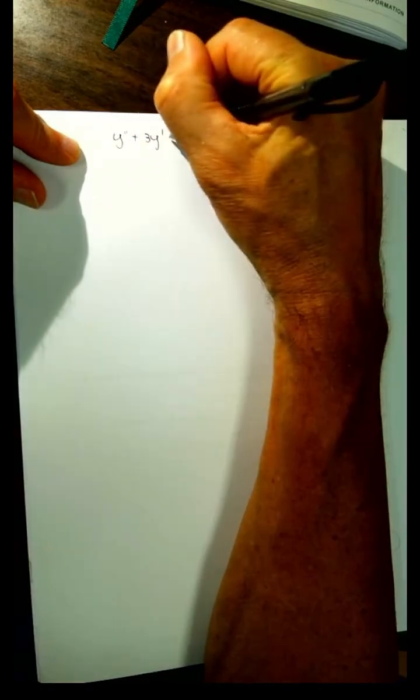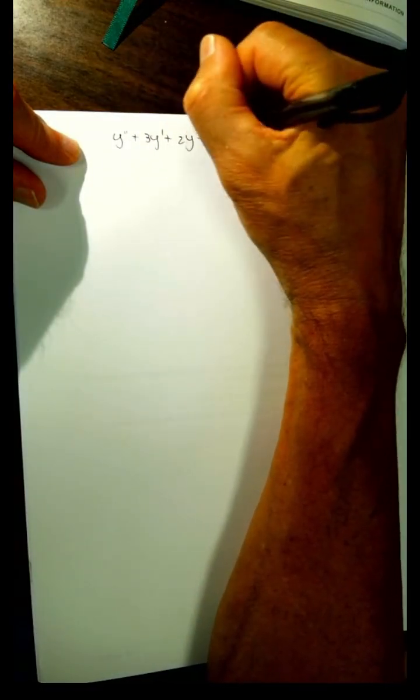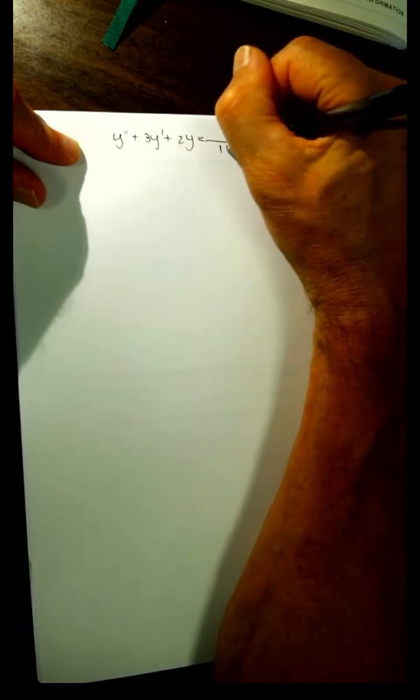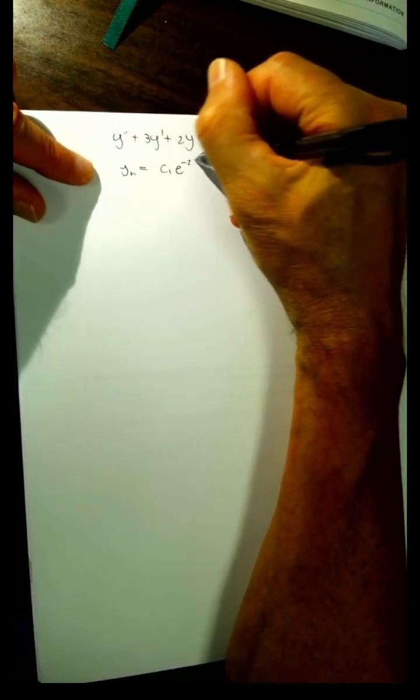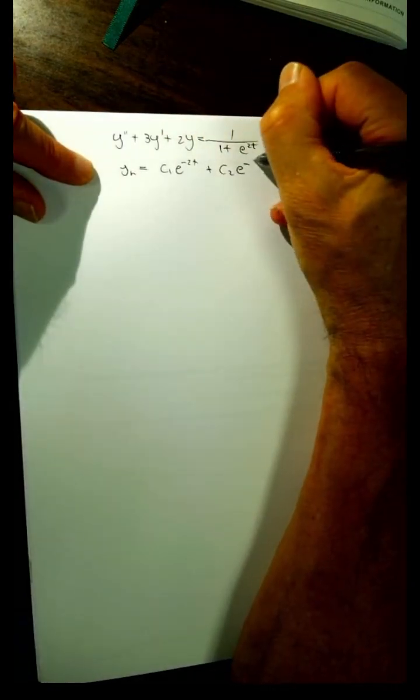So what do I have? I have my original differential equation: y double prime plus 3y prime plus 2y is 1 over 1 plus e to the 2t. My homogeneous solution was c1 e to the minus 2t plus c2 e to the minus t.